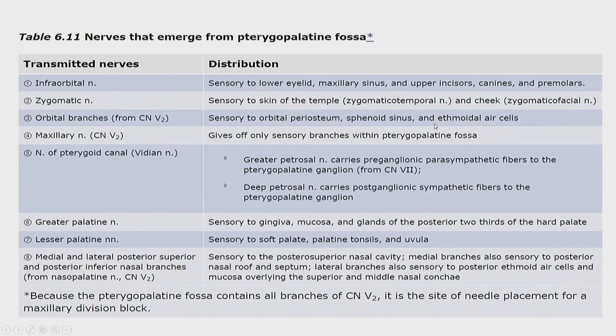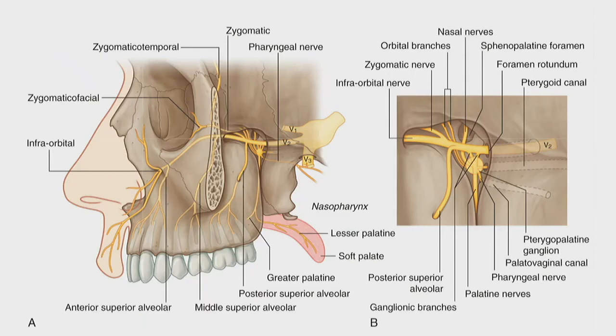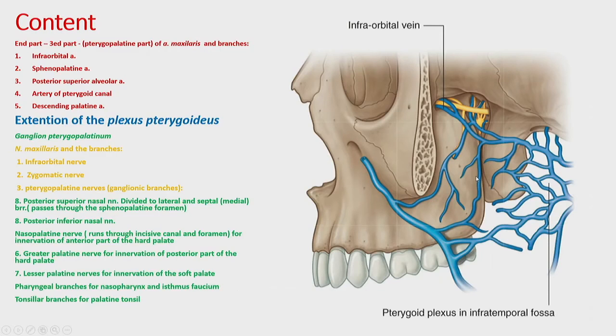And here is the recapitulation of those branches of the maxillary nerve. Here is the pterygopalatine ganglion, the pterygopalatine fossa, and the maxillary branches that are innervating all the structures that I already said.